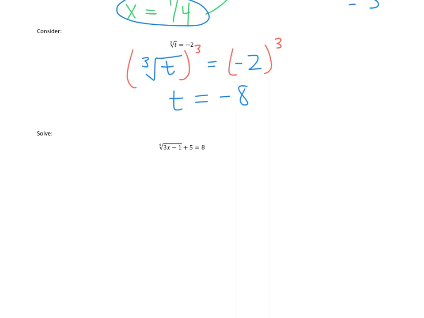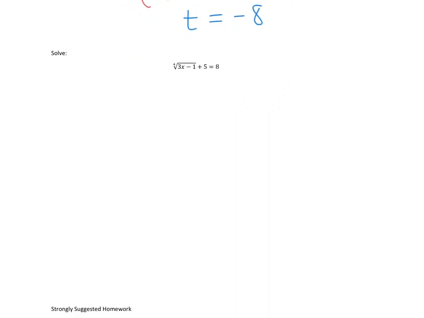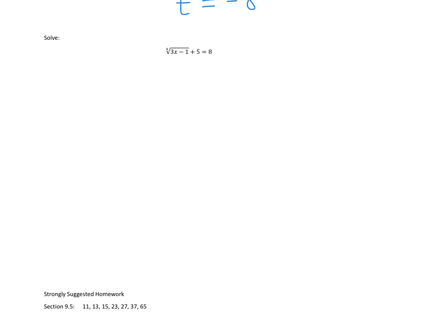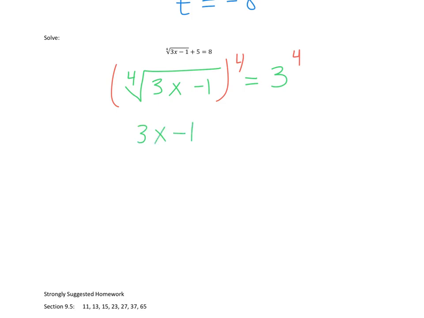So let's look at another example. All of our steps are the same. In other words, we would isolate our radical first, so we can subtract 5 in this example. And then we would come through and we would take the 4th power, perfect, and we would get 3x minus 1. 3 to the 4th is 81.